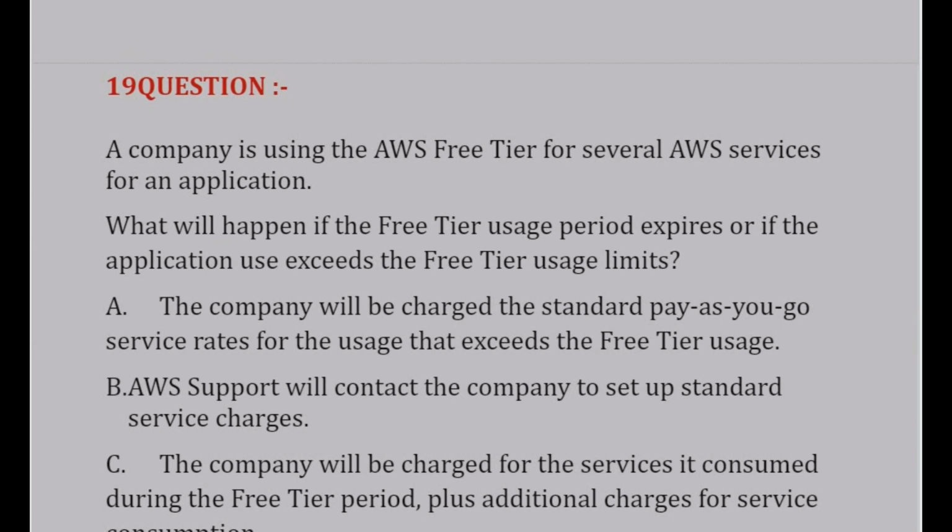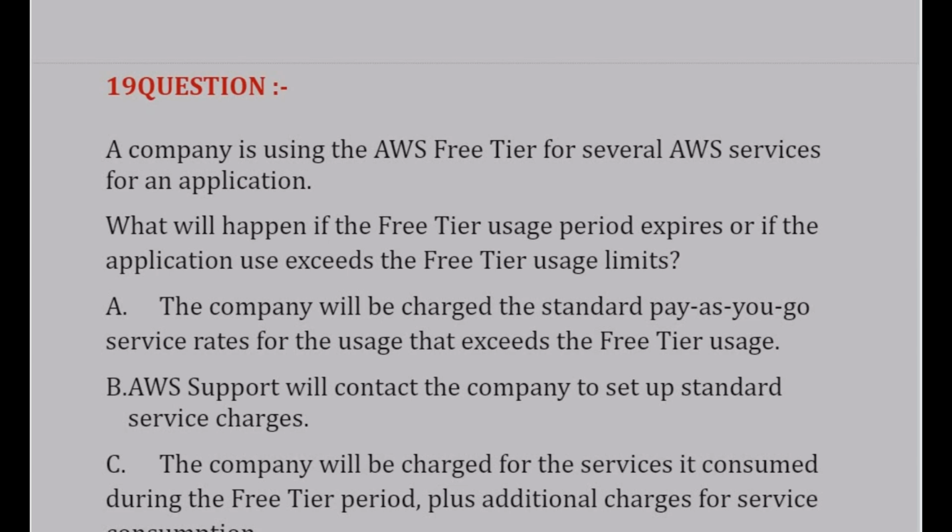Question is, a company is using the AWS free tier for several AWS services for an application. What will happen if the free tier usage period expires or if the application usage exceeds the free tier usage limits? Option A. The company will be charged the standard pay-as-you-go service rates for the usage that exceeds the free tier usage.